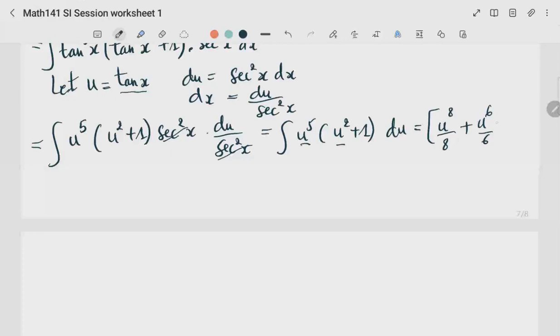And when you substitute back, you have tan to the 8x over 8 plus tan to the 6x over 6 plus c.